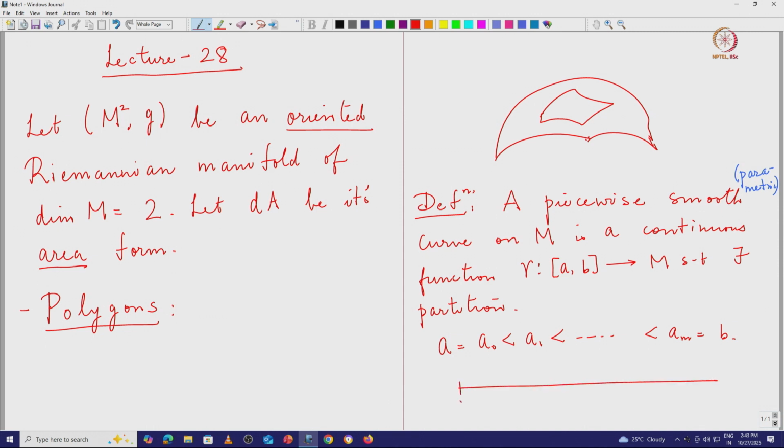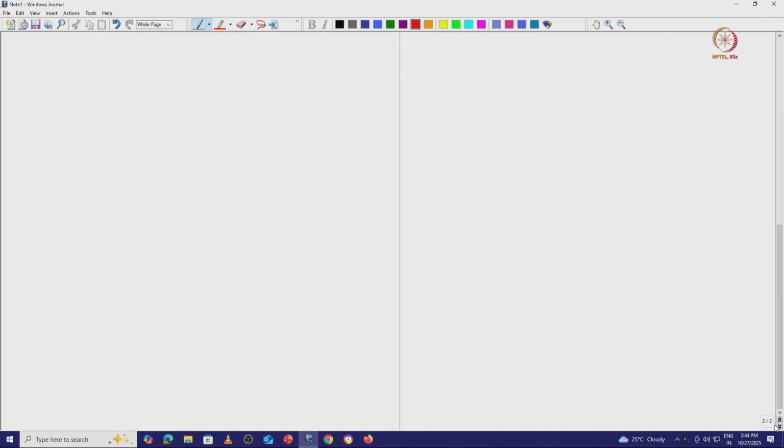So just to draw a picture, this is a to b, my partition may look like something like this, right. So the individual parts need not of course have the same length and so on. Okay. Such that there exists a partition such that gamma restricted to the interval ak minus 1 to ak is smooth for all k.